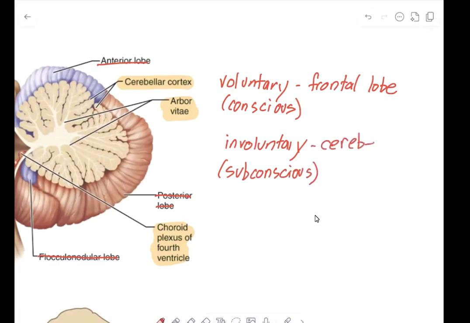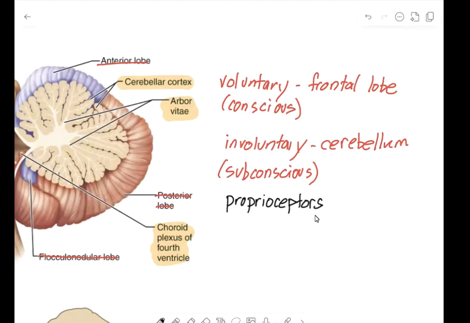That's because the cerebellum is constantly receiving information from proprioceptors. Proprioceptors are specialized receptors that you'll learn about in the next chapter.